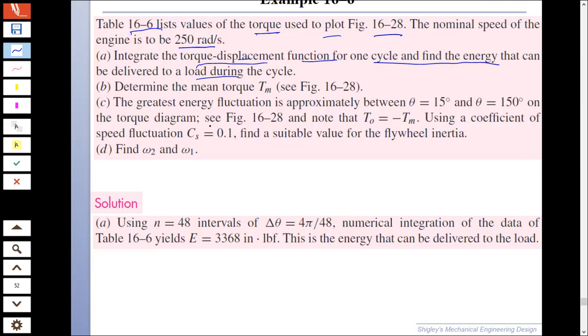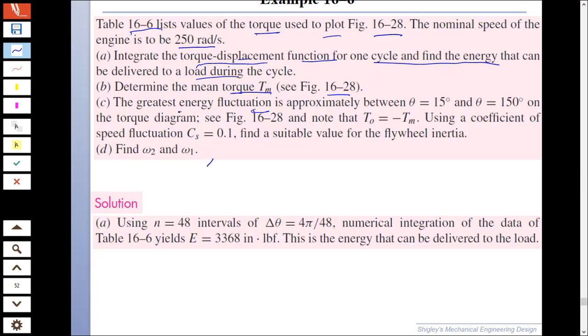Determine the mean torque, and that is figure 16-28, which we just saw when we were discussing the flywheel. Anyways, we are going to have a look at it again.